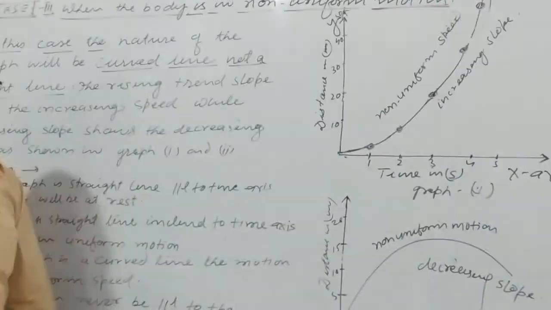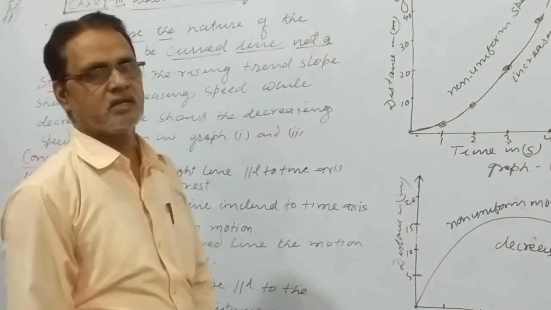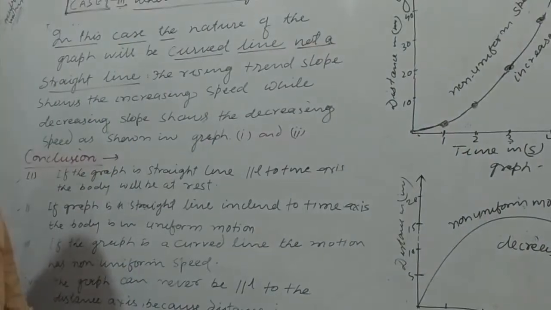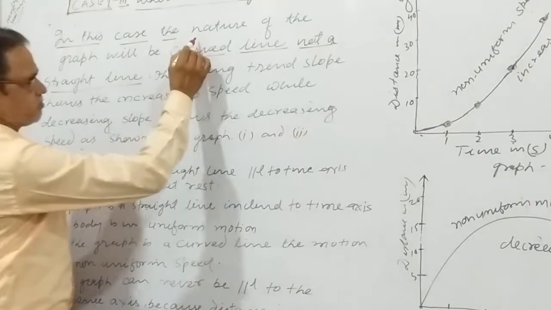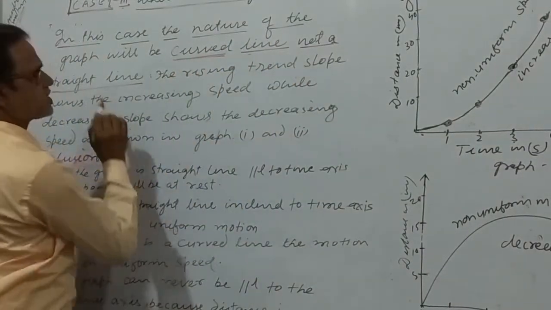So in this way, the body does not cover equal distance in equal interval. Hence, the body is said to be in non-uniform motion. So in this case, the nature of the graph will be a curved line, not a straight line.